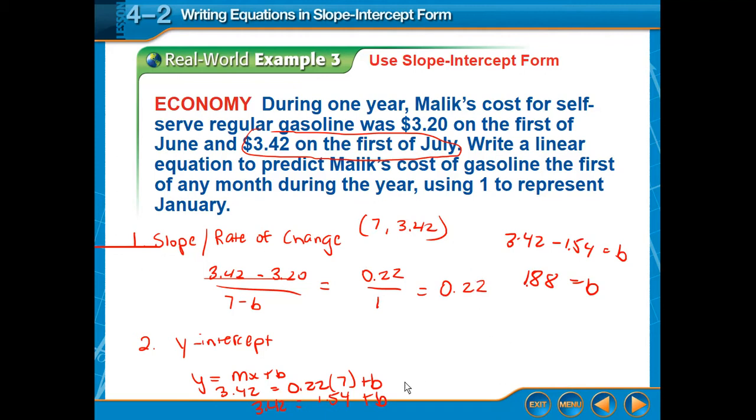We found our m and our b. Our final step is to write the equation. So our equation, y equals mx plus b, is going to be y equals 0.22x plus 188. Okay, and that's it for that one.